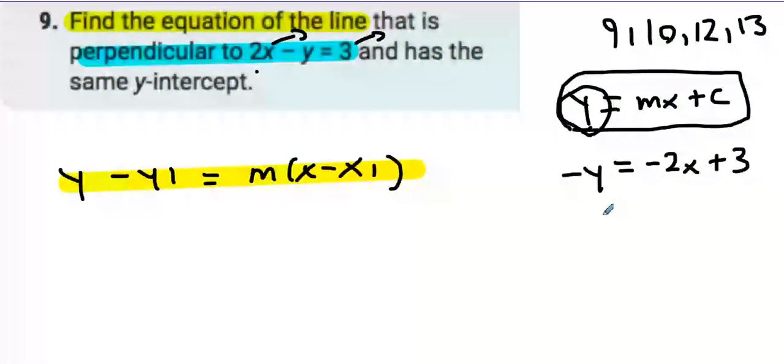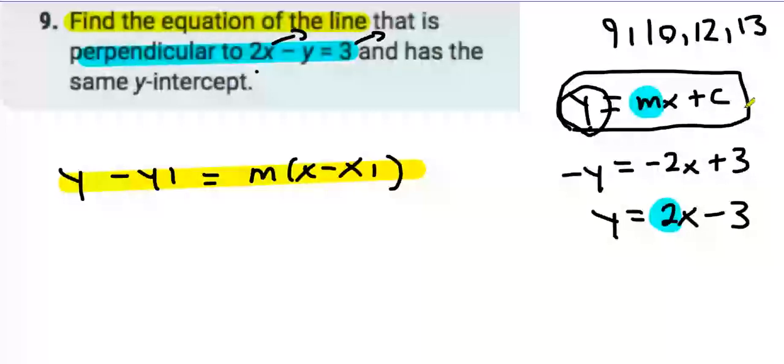Minus y turns into plus y. Minus 2x turns into 2x. Minus 3, we kill. Right? What's the slope of this line? Using the logic of mx plus c, the m value is there.